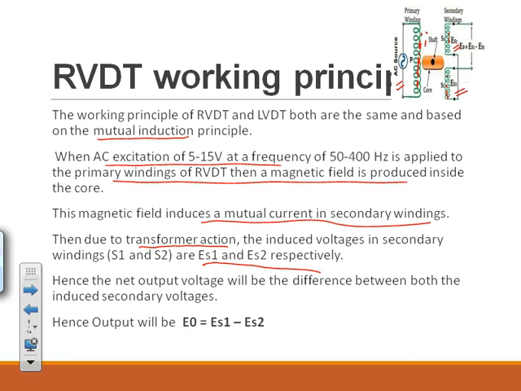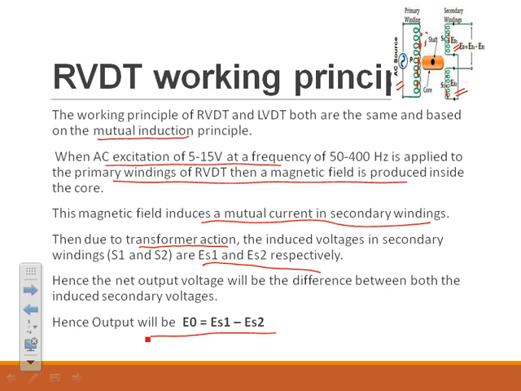Hence the net voltage will be the difference between the induced secondary voltages, so the output E0 is equal to ES1 minus ES2. Both the RVDT and LVDT have almost the same working principle. The only difference is that LVDT is used for linear displacement measurement and RVDT is used for angular displacement.